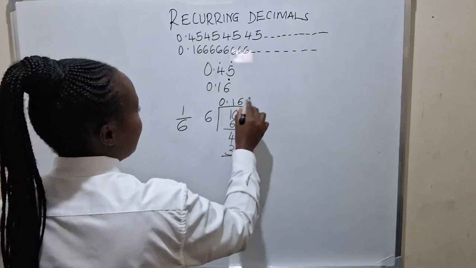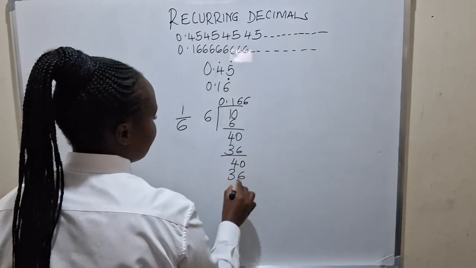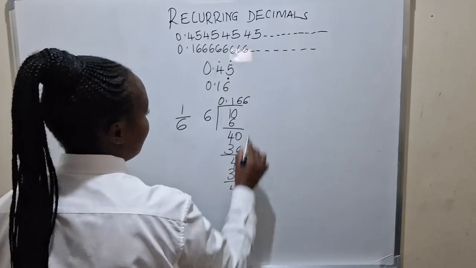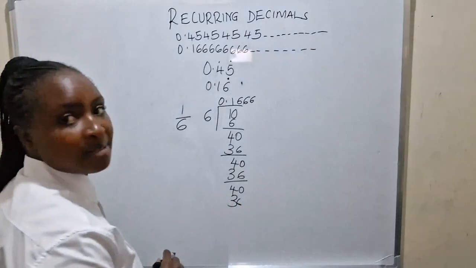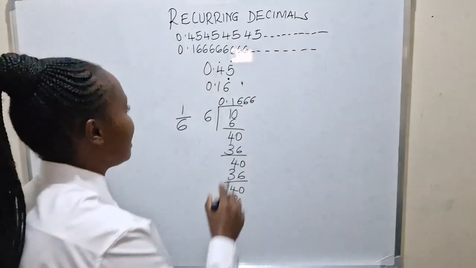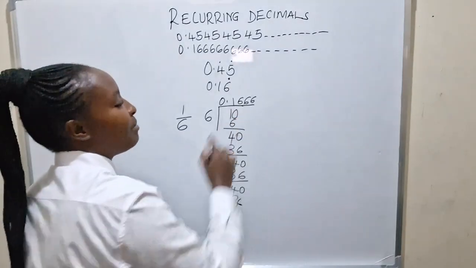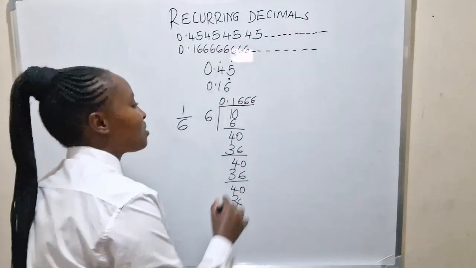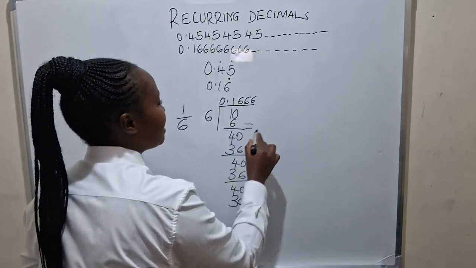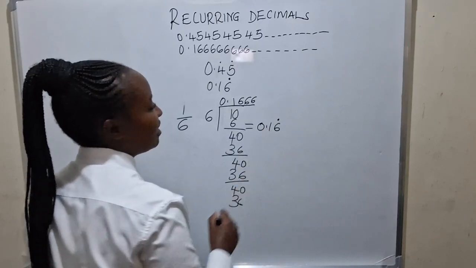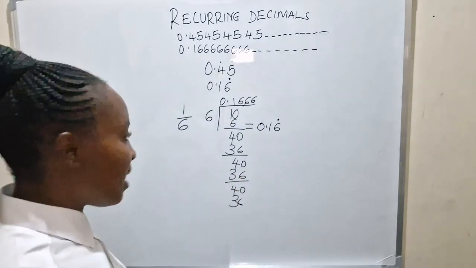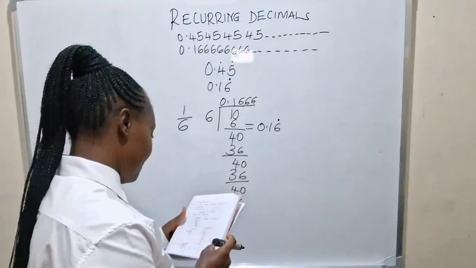Again, 0, 6, 36. You get 4. What I mean is that this recurring number will never come to an end. So you'll just write the answer as 0.16 recurring.